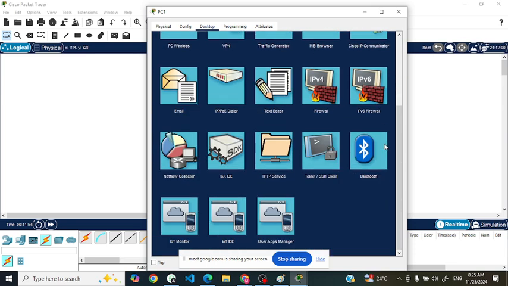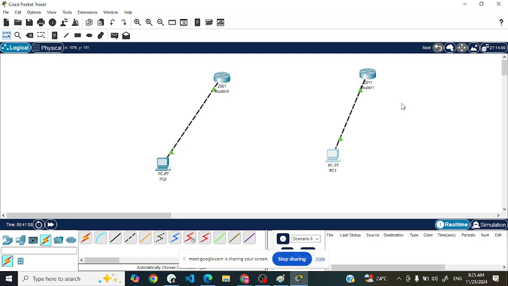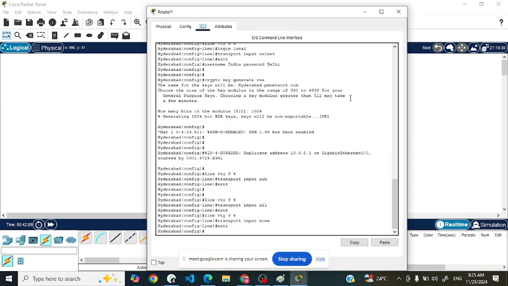In the next class, we will discuss it. So I think SSH and Telnet should be clear. Yes, sir. It's clear.